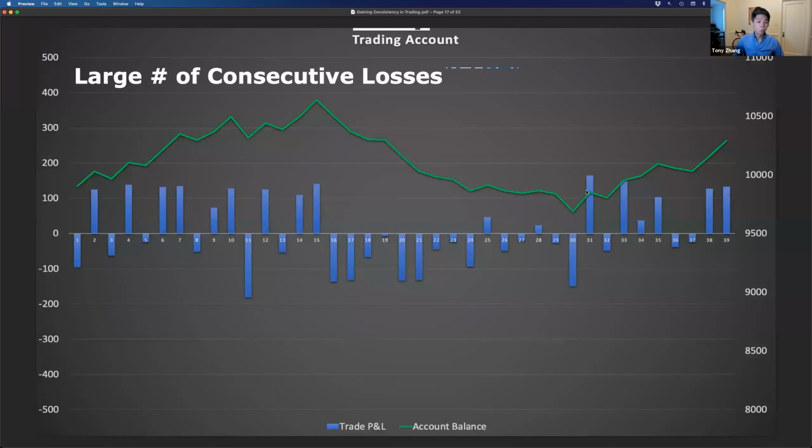Now, I understand that winning is still up because we're human, right? We want to win. And that's part of why I suggest for many investors who are trying to figure out a way to gain consistency in your trading is to use credit spreads, because with credit spreads, you will win at least about 55 to 60% of the time just by selling credit spreads, right? Even if you're not very good at picking the direction on a stock, you'll still win about 55 to 60% of the time.